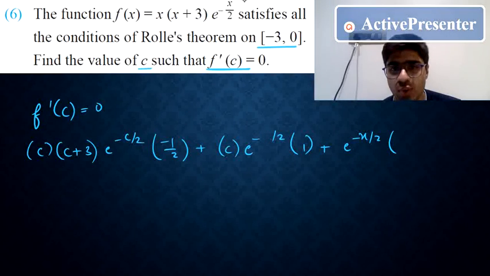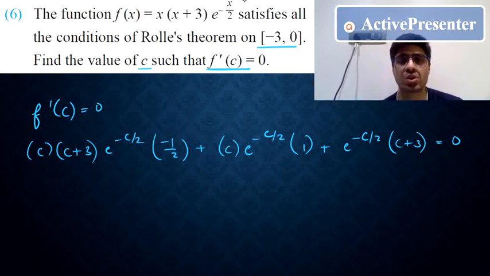So instead of x we need to put a c because we are not writing f dash x, we are writing f dash c. Okay, the next term c plus 3 and derivative of x, that is going to be equal to 1, and we are equating this with 0.